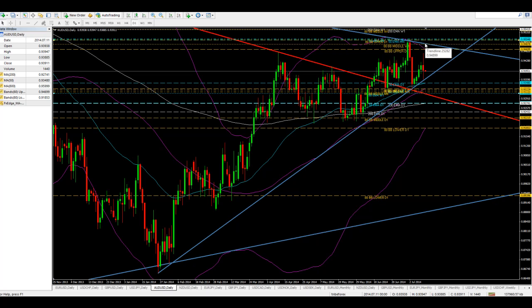I don't know if we're going to get up to that point at this particular juncture, but 0.9470 or 0.9490, those are the two areas to look for a sell on the Aussie dollar. We're quite a far distance away from that, so we're going to look for consolidation, a buy off of the lower area that I just recommended at 0.9362.